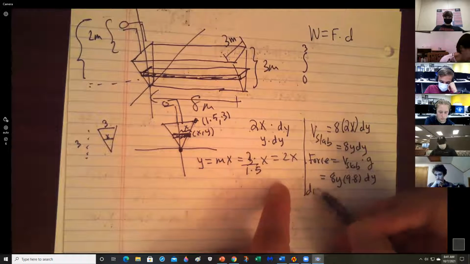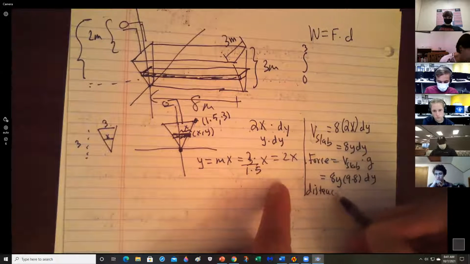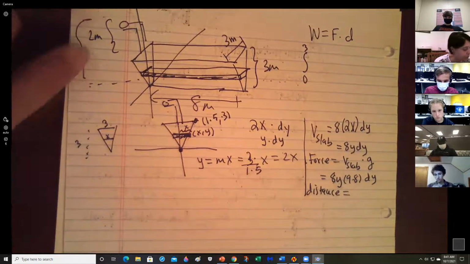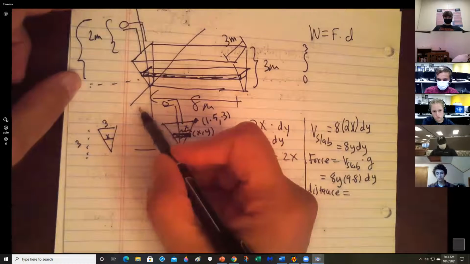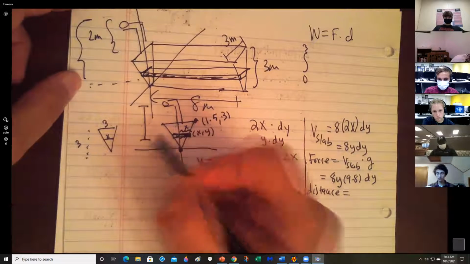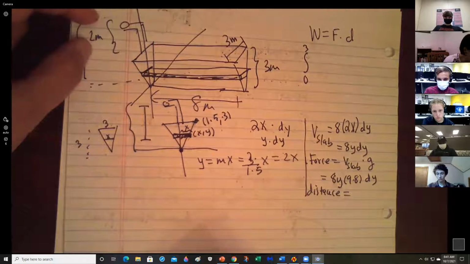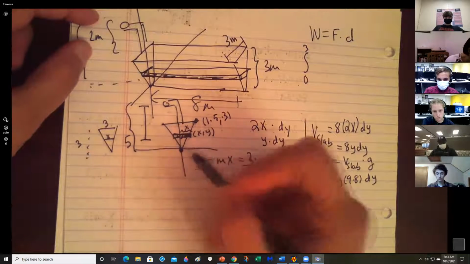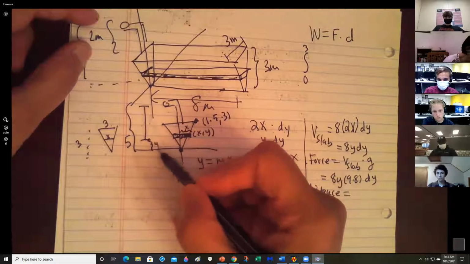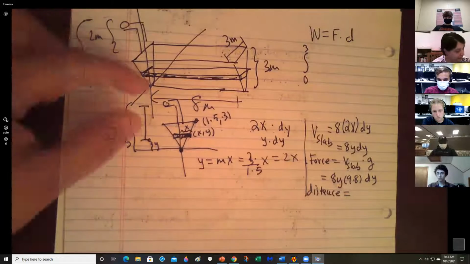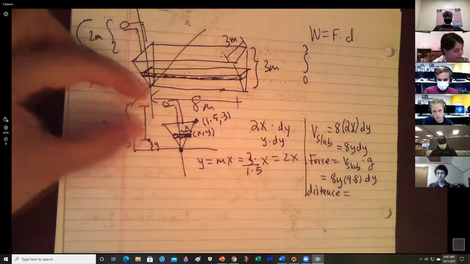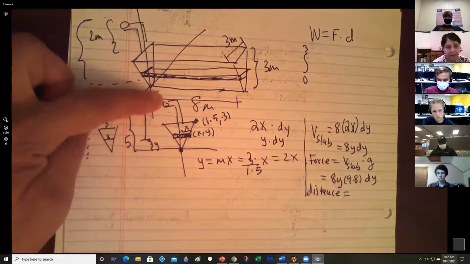Tell me, what is the distance that it moves through? Each slab has to move how much distance? From here to here. All the way from here to here, it's going to be 2 plus 3, 5. All the way from here to here is y. How much distance is each slab moving then? All the way from here to the spout.